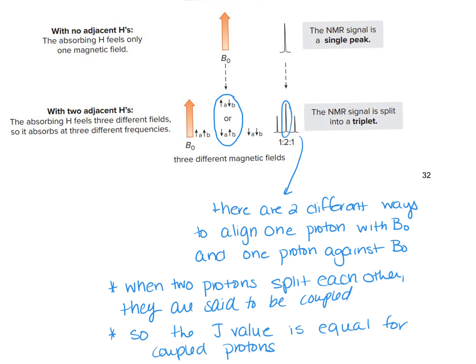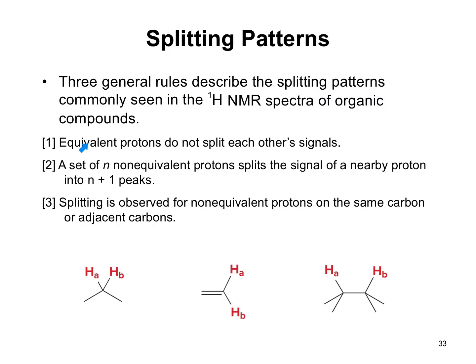Now, we have 3 general rules that describe the splitting patterns that we commonly see in proton spectra, okay? And so I have these out here for you. Basically, equivalent protons do not split each other's signals, okay? So if we look here, what we're saying is, look, if HA and HB are equivalent, they are not going to split each other's signals, okay?